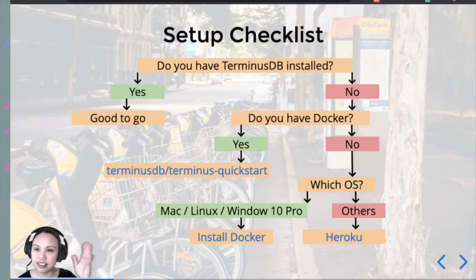And so this is the setup checklist that I gave. Usually when I start the tutorial, I want to check whether people have Terminus DB installed correctly. So this is a very simple graph for people to follow. Usually in a tutorial, for example at a conference, I would send over instructions on how to set up beforehand, and ask whether people already have it.